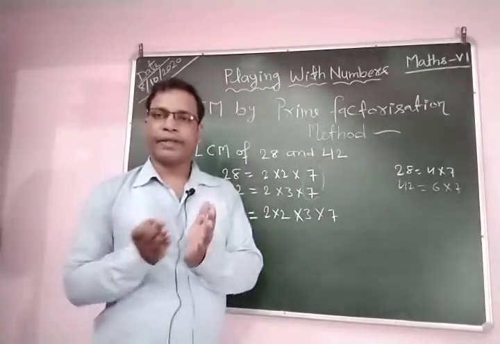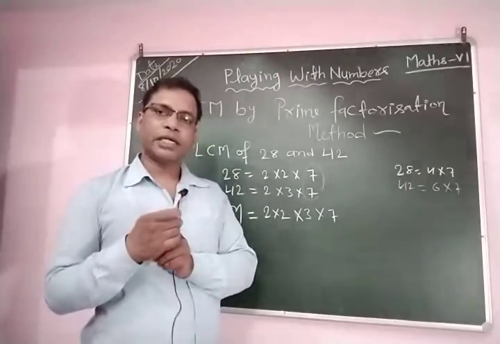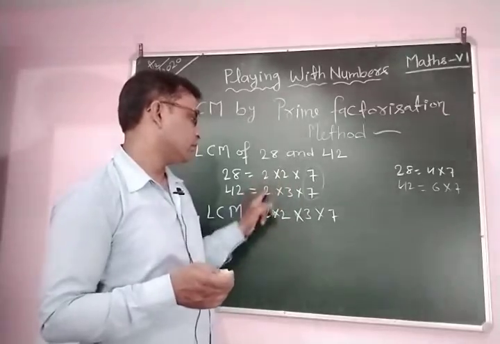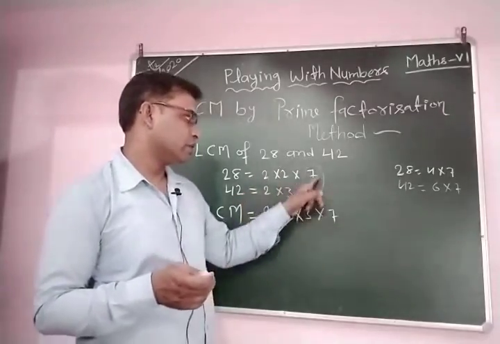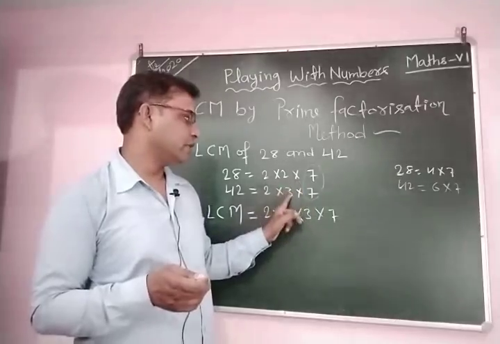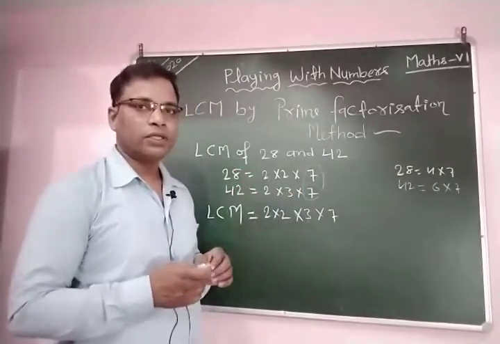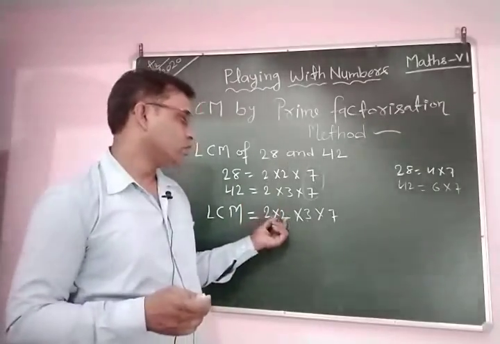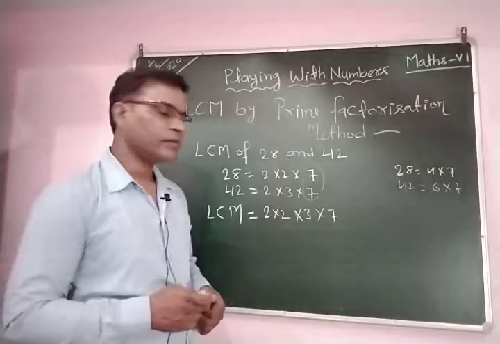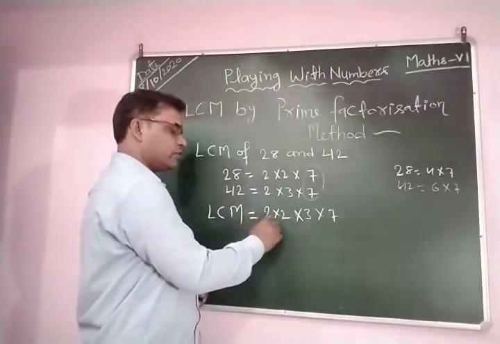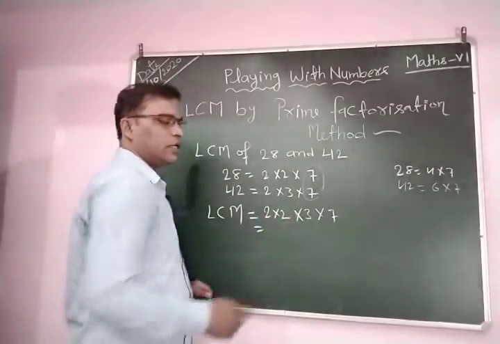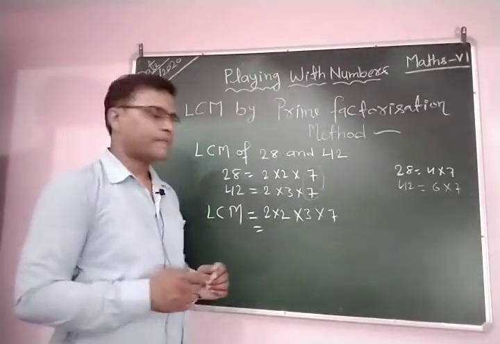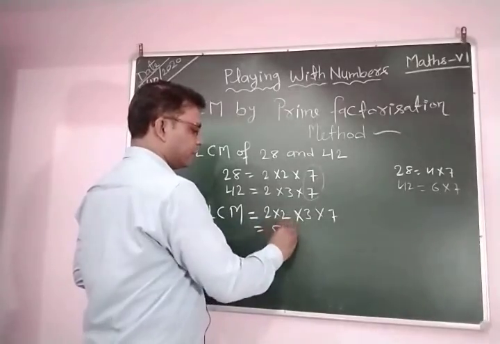You can multiply all the factors. So the LCM of 28 and 42 is equal to 2 into 2 into 3 into 7. 2 times 2 is 4, 4 times 3 is 12, and 12 times 7 is 84. Clear?